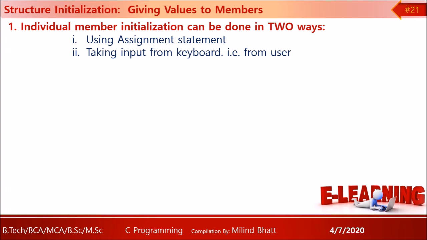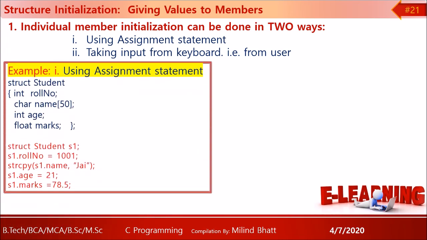Individual member initialization can be done in two ways: using assignment and taking input from the user. First, using an assignment statement. I have a structure whose tag name is student, having four members: roll number, name, age and marks, all of their relevant data types, and this structure has been terminated over here.